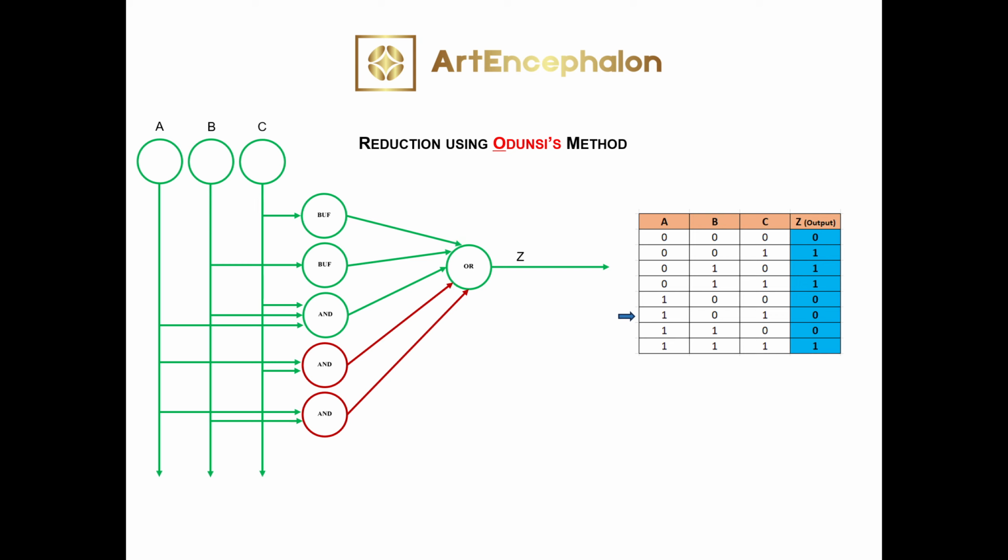Now let's look at the 7th row, where A and B are both firing, but C is not firing. That is A1, B1, C0. So if A and B fire and C does not fire, the axon terminals of A and B will end up on the following neurons. We are going to find out that the second buffer will fire because it receives input, and because it's just a buffer, it will relay that output.